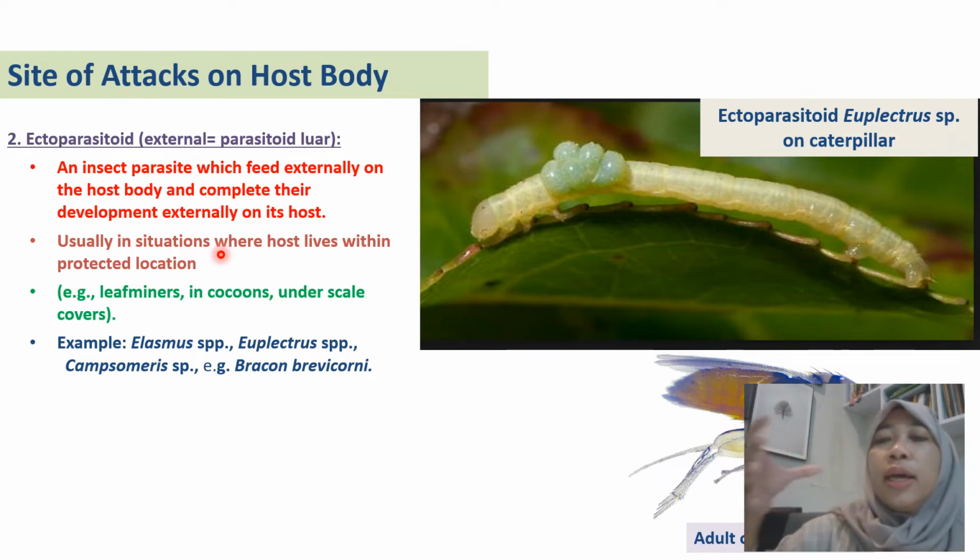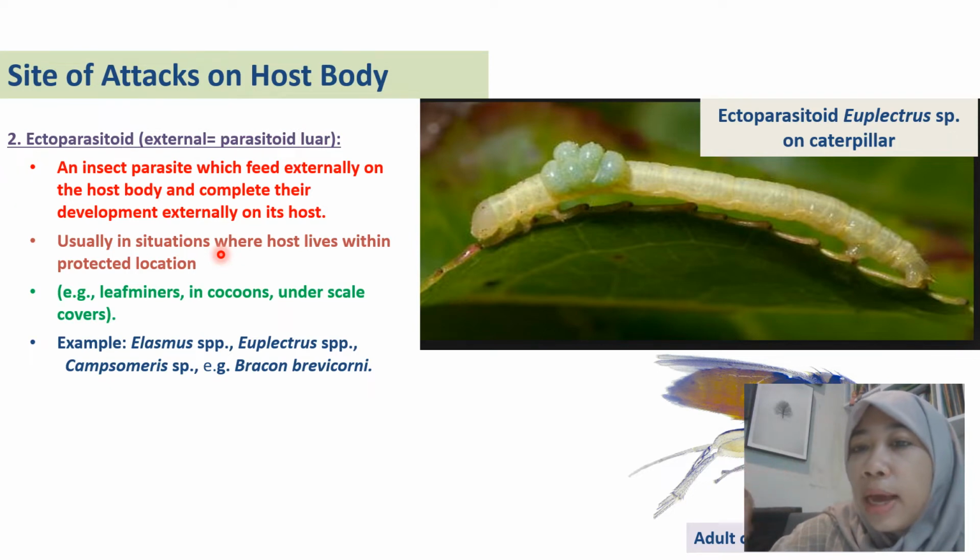Gitu ya. Jadi si parasitoid akan meletakkan telur di sekitar habitat inang, and after the egg is hatched, the egg hatches into a larva, and the larva will search for the host on the stem. Dia akan mencari inangnya di dalam batang, gitu ya.